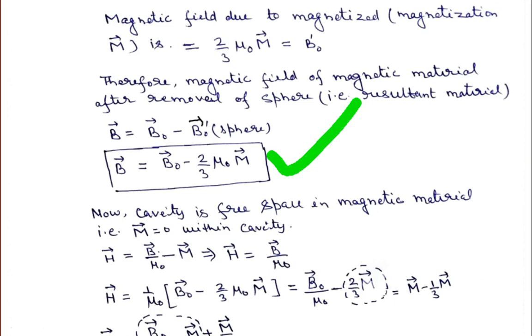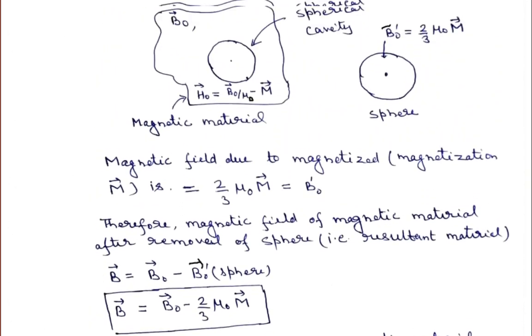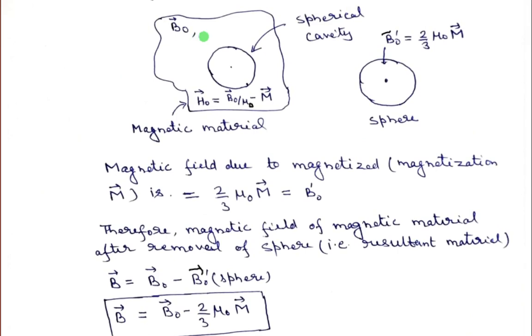Now we are asked to calculate the magnetic field vector H. When we have cut the spherical shape and removed the material, there is free space here, with no material to be magnetized.